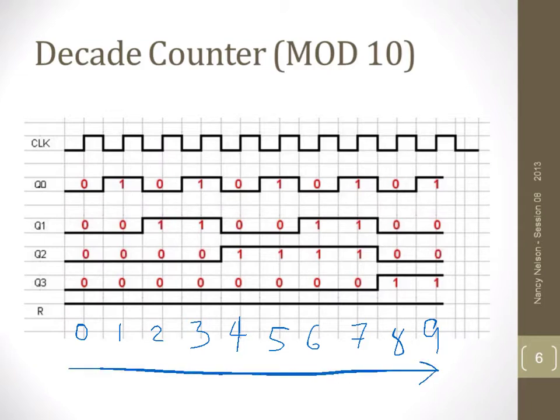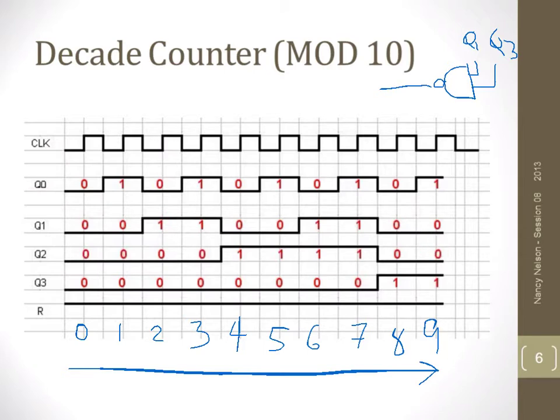So what we should expect to see now is, because of that reset, that NAND gate that we had tapping into Q3 and Q1, waiting for them to both go high at the same time. If we scan through, Q3 didn't go high till over here, and Q1 hasn't been high in either of those.